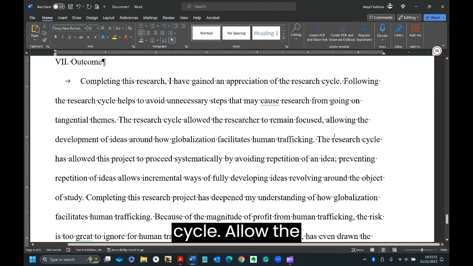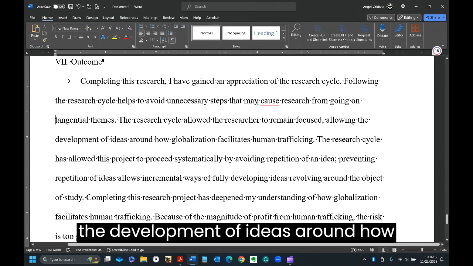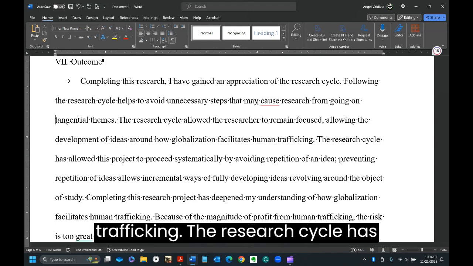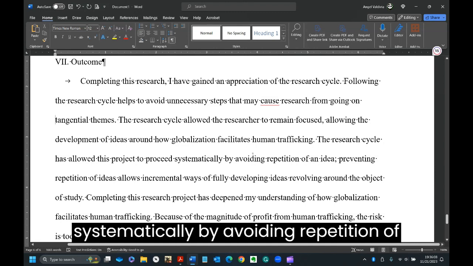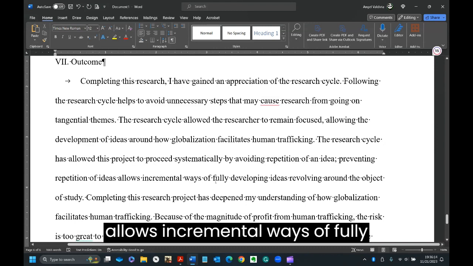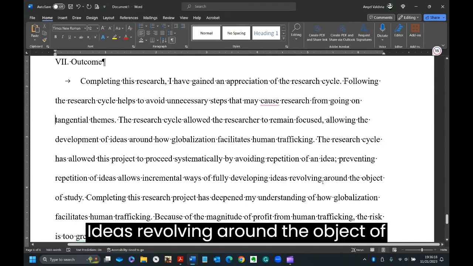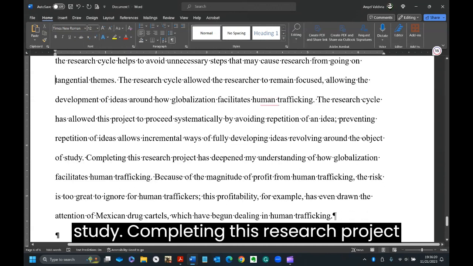The research cycle allowed the researcher to remain focused, allowing the development of ideas around how globalization facilitates human trafficking. The research cycle has allowed this project to proceed systematically by avoiding repetition of an idea. Preventing repetition of ideas allows incremental ways of fully developing ideas revolving around the object of study.